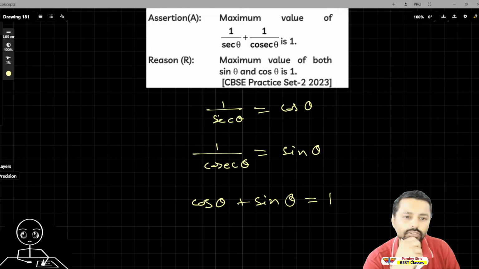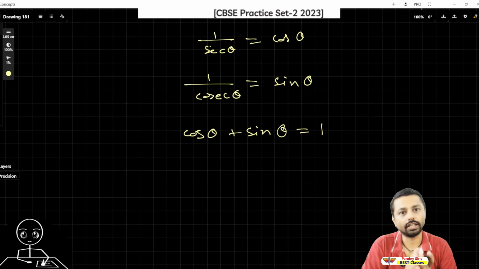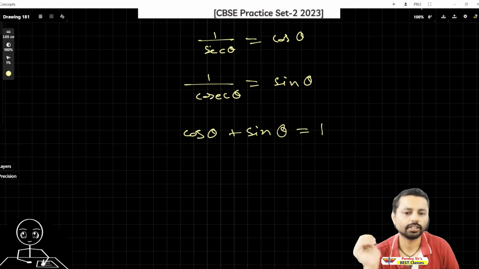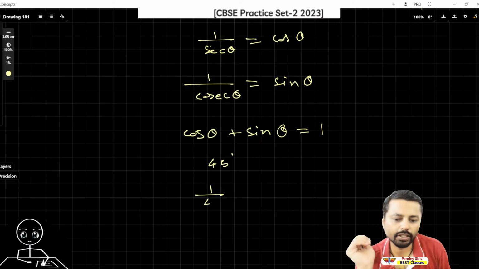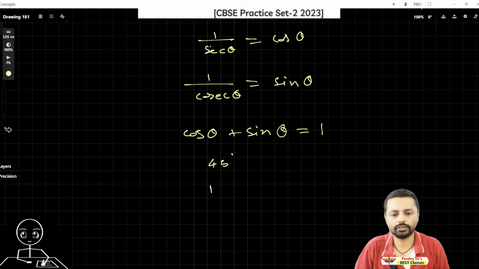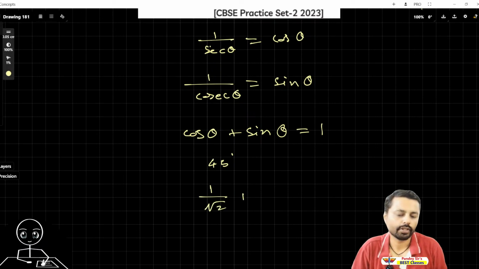Wait a minute. Plus they said, na? So let's take a hypothetical value of sin theta plus cos theta. Let's say this is 45 degree. And if we do it, then we get 1 by root 2 plus 1 by root 2.